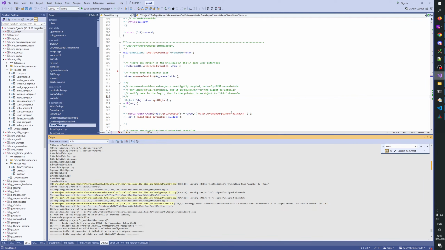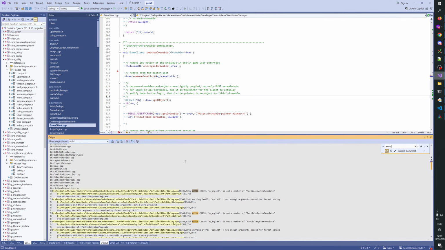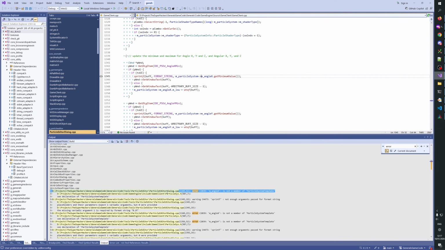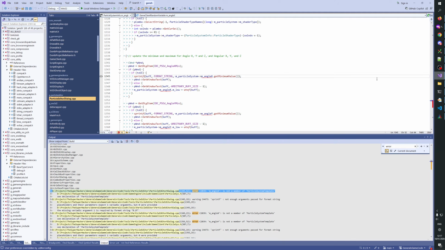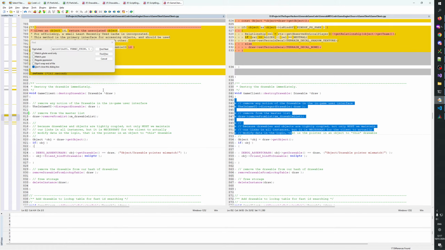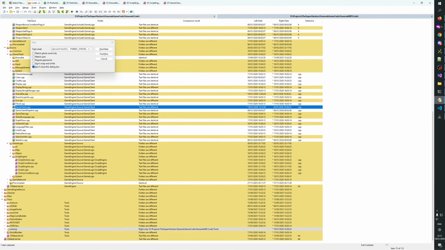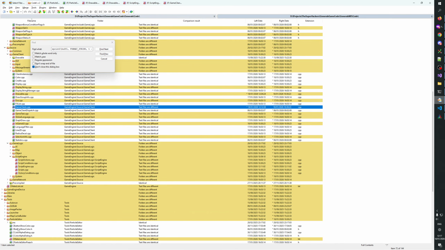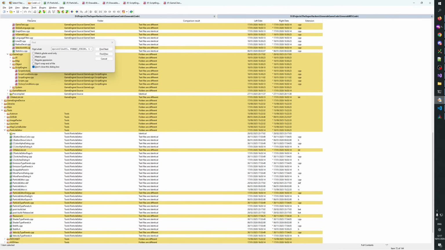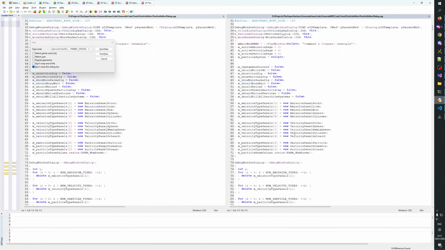Yeah, okay, there we have a compile error. I suspect that is in particle editor. It is. There we go. Because that also has this angle X stuff. Then particle editor dialog. Let's go here, tools, particle editor dialog. There we go.